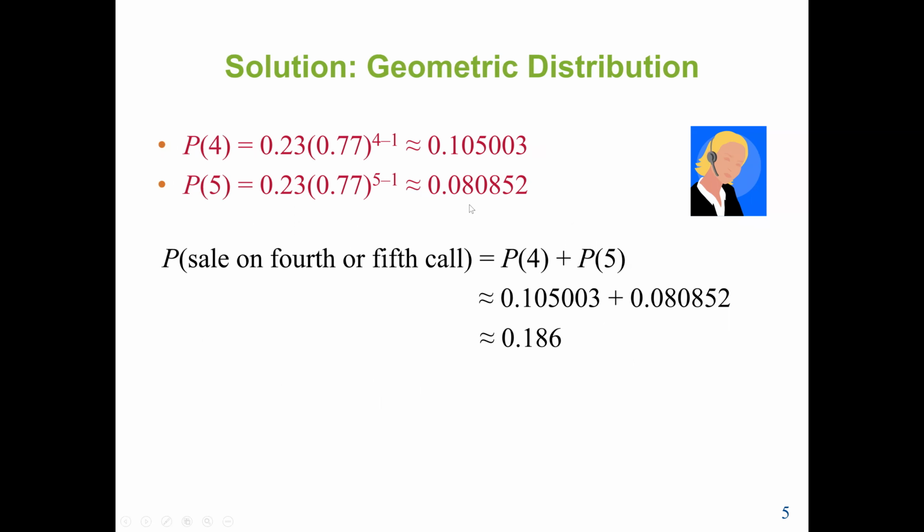And that gives us 0.080852. Then we need to find the probability of a sale on fourth or fifth. As we went through in previous probabilities, or means plus. So we add probability of 4 plus probability of 5. So our final solution will be 0.186.